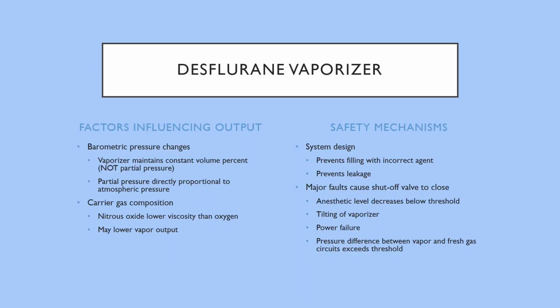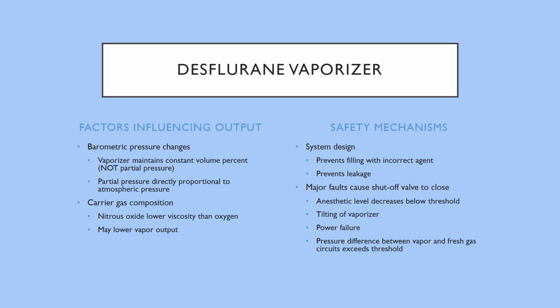There are factors that can also influence the output for the Desflurane vaporizer. The first that we'll discuss is barometric pressure changes. Remember that with the variable bypass, barometric pressure changes will change the volume percent output, but in effect do not change the partial pressure very much. Well, the Desflurane vaporizer maintains a constant volume percent.